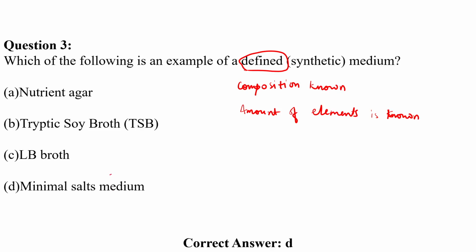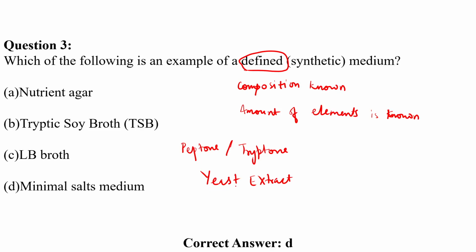Now, in the case of nutrient agar, tryptic soy broth, or LB broth, we add some components like peptone or tryptone. Then we add things like yeast extract. These things are basically derived from different animal or eukaryotic sources.